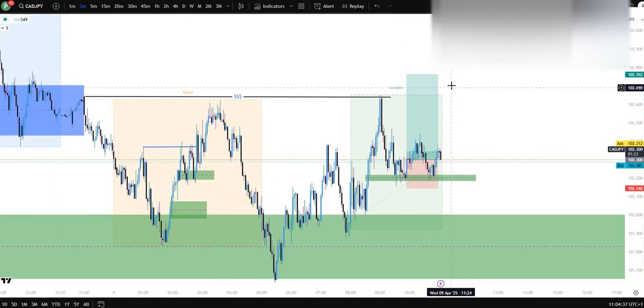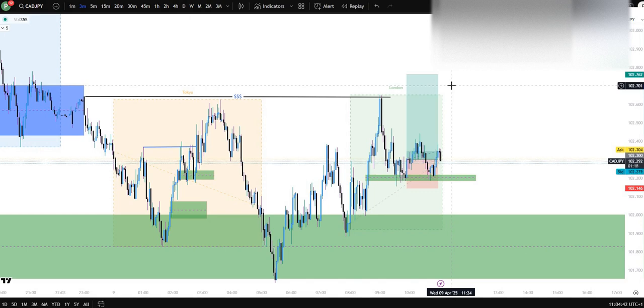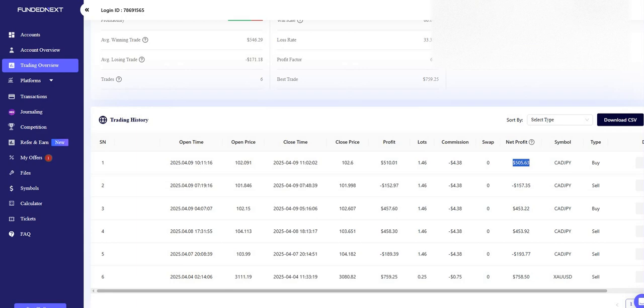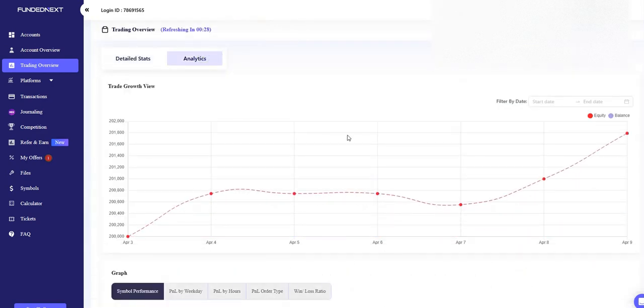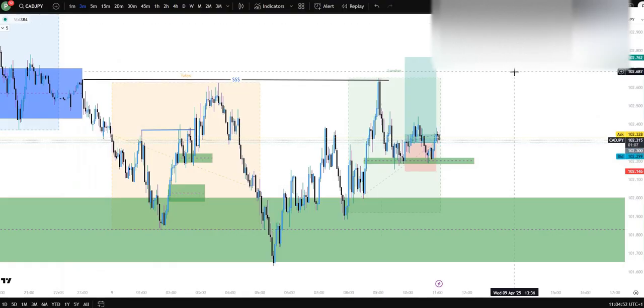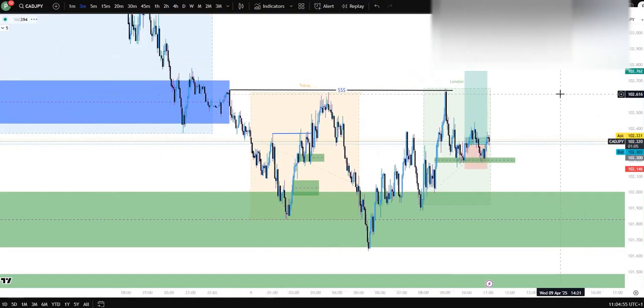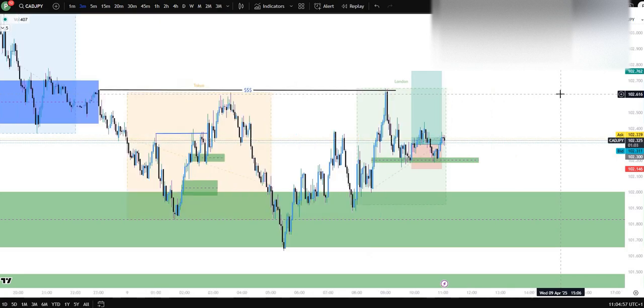Now I want to see a move to the upside and a close on the upside. It's not looking great. This account is looking great, but the FTMO is not great, I would say. Everything makes sense.